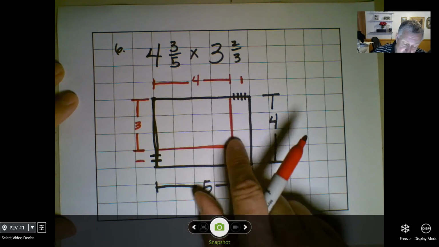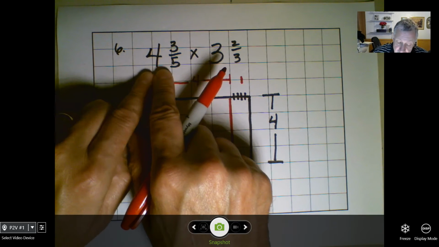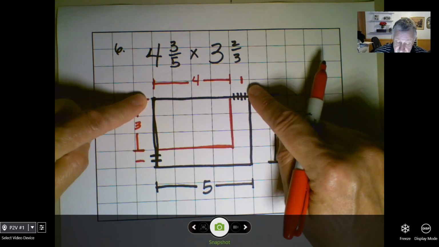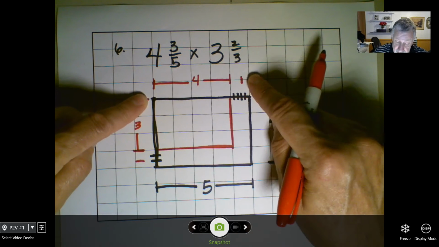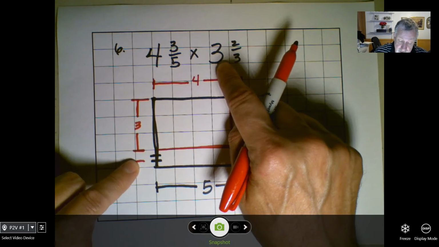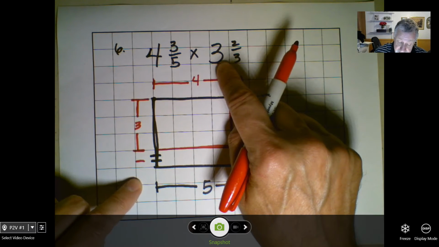So as we look at this problem, we've got a number that is between 4 and 5. That's 4 3/5, between 4 and 5. So there's 4, there's 5. And another number going down that is between 3 and 4, which would be 3 2/3.